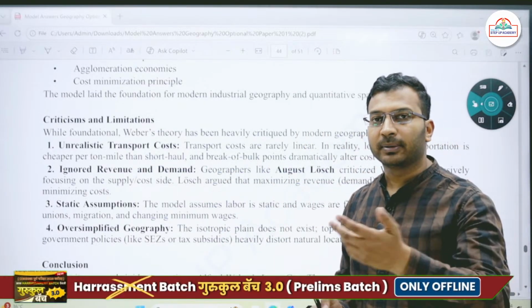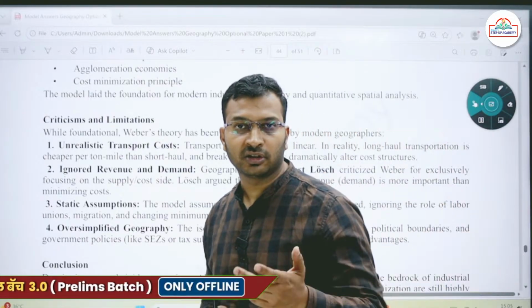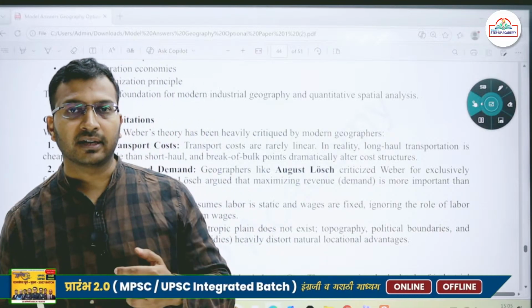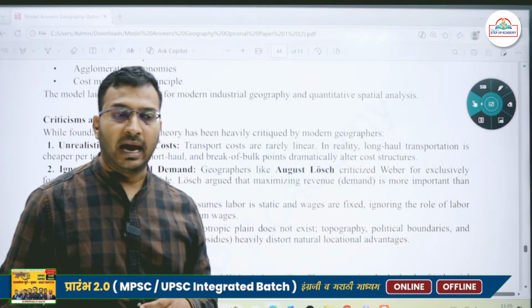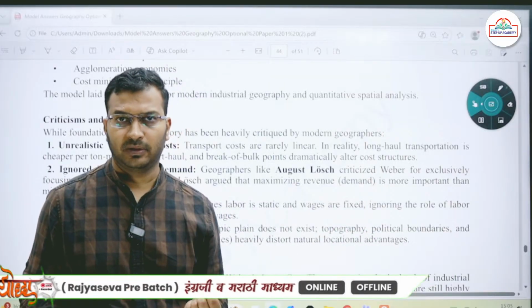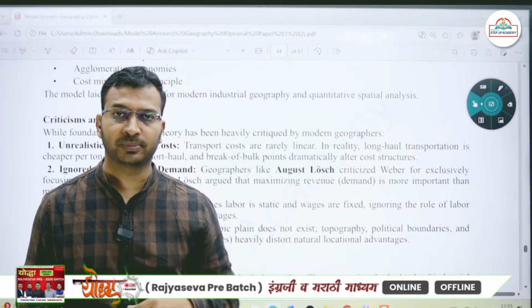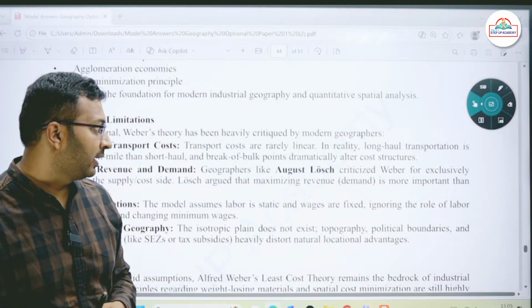For example, if I talk about iron and steel industries, they are utilizing recycled steel. We know that steel is mostly used in urban areas. In rural areas, even today we find most of the earthen pots being used for cooking and other purposes.